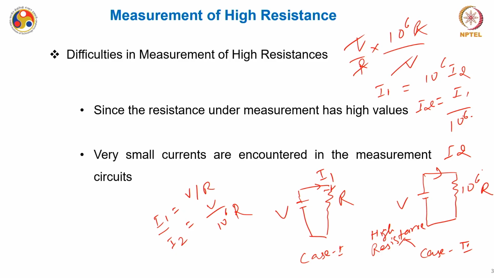This means that if I am trying to measure a high resistance, even with the same voltage source, my current value will go down significantly.